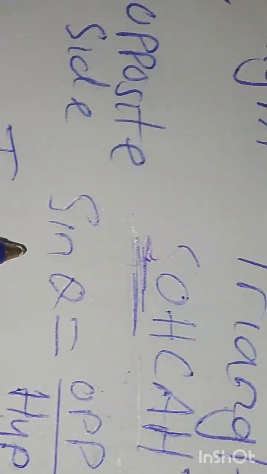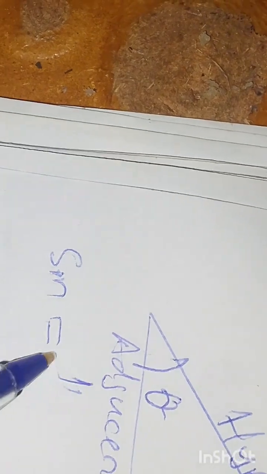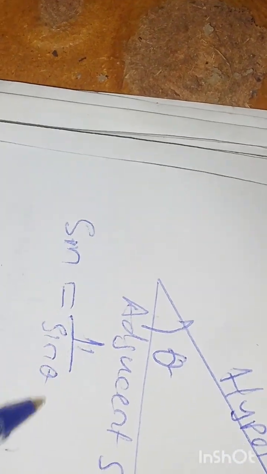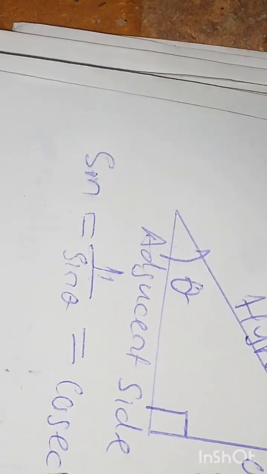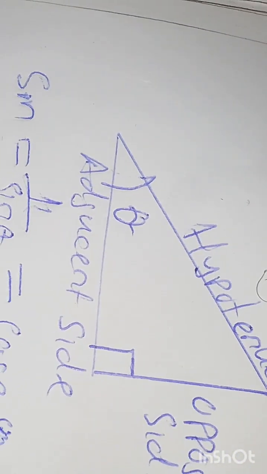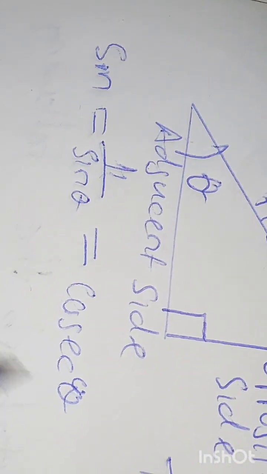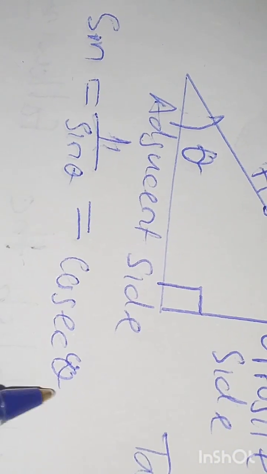Now we also have other trigonometric functions. From sine theta, the inverse of sine theta, 1 over sine theta, is given by cosec theta. If we take the inverse of the function of sine theta, we have what is called cosec theta.